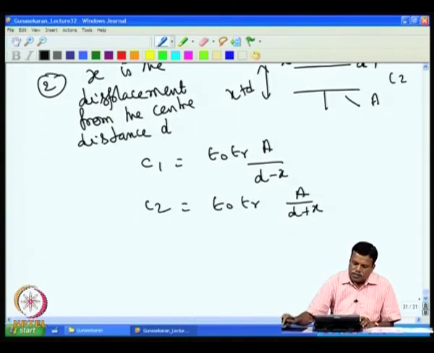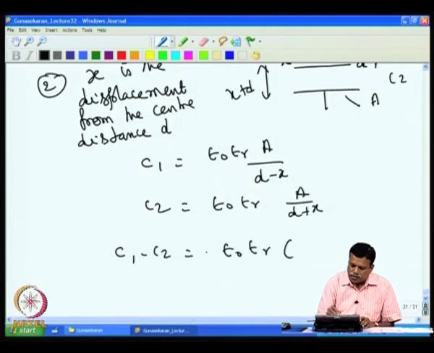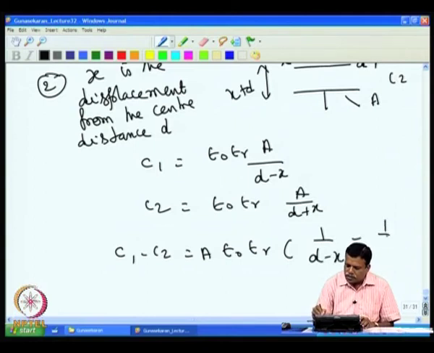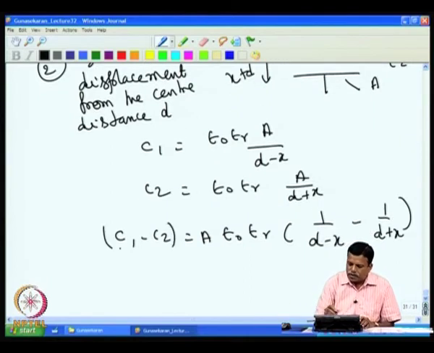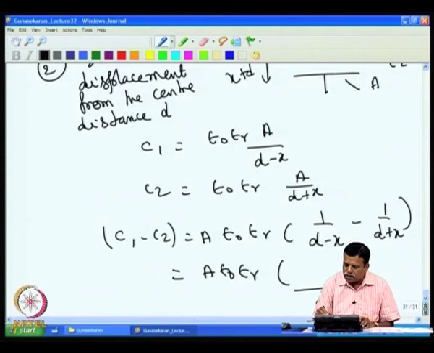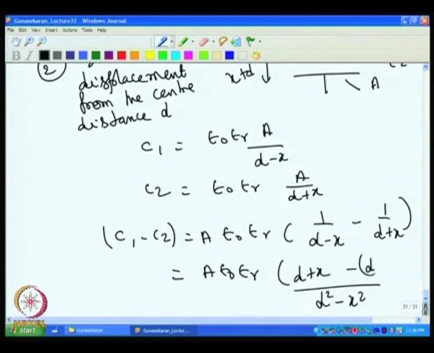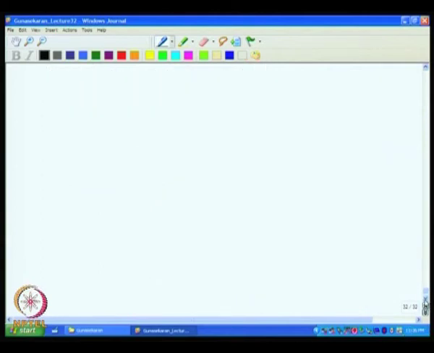So, that gives C1 minus C2 as epsilon naught epsilon r into A, times 1 by d minus x minus 1 by d plus x, which can be shown as epsilon naught epsilon r, and then you have d squared minus x squared, then d plus x minus d minus x.